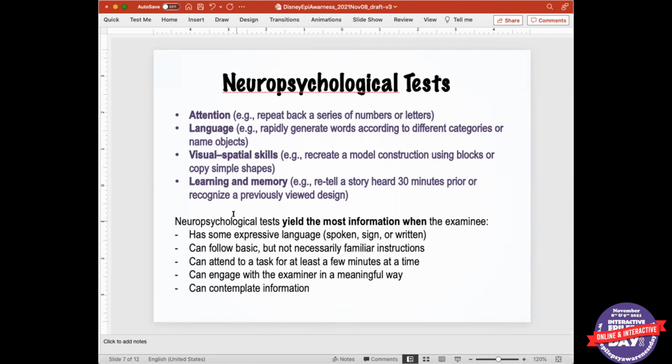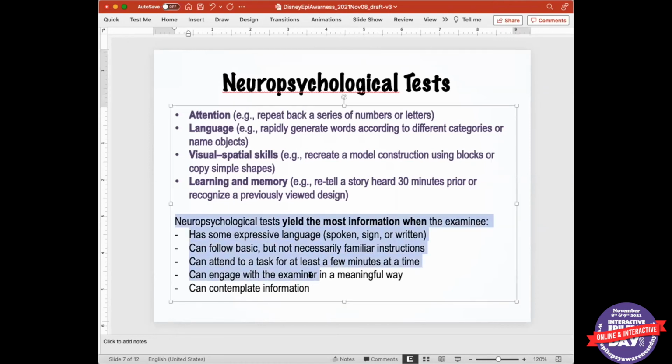And this is just some information about who benefits most from neuropsychological evaluations. A lot of this is based on the tests that we use, and there are limitations. They're very useful, and there's a lot of flexibility with what we do, but there are some limitations for our measures.